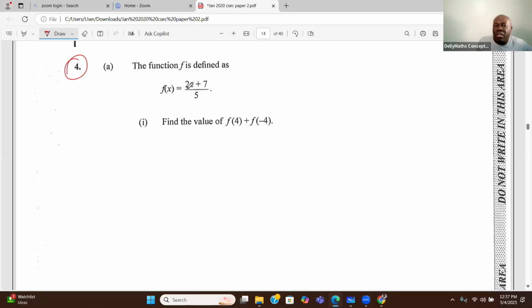It says f of x is equal to 2x plus 7 over 5. You're finding f of 4, then you're finding f of negative 4, and the question wants you to add them. This is going to give you a value, that's going to give you another value, and you add them. First, f of 4. This is the function, so you're going to substitute. I'm going to leave a bracket there.